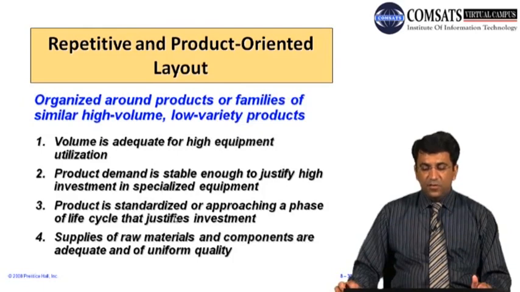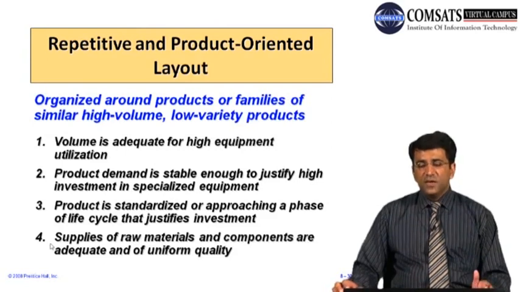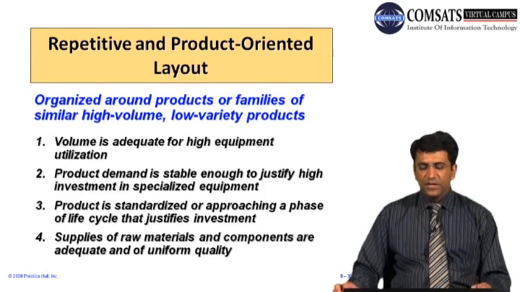Product is standard or approaching a phase of life cycle that justifies investment. Supplies of raw materials and components are adequate and of uniform quality. So students, in this type of layout, we generally have a standard product, and we generally have the uniform quality requirements for that particular product, but the volume of these production may be high. So for that particular scenario, we can always have this product oriented layout.